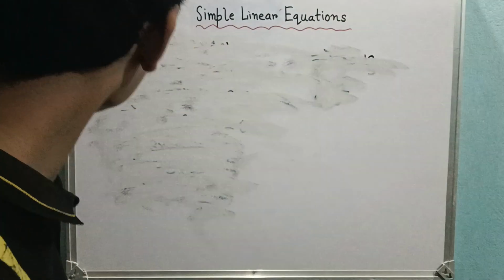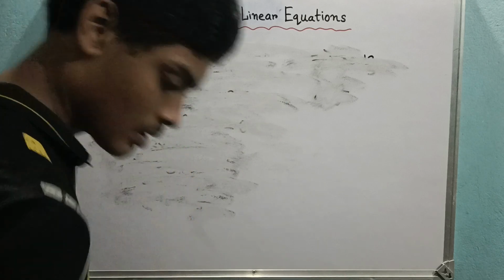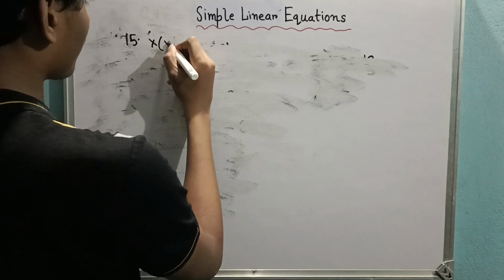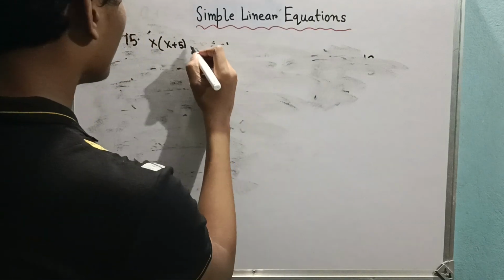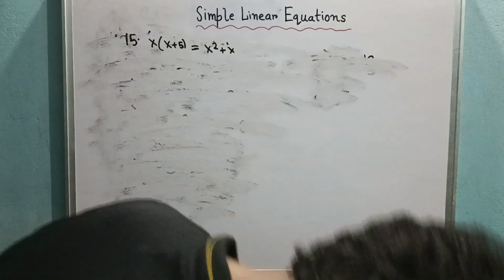Okay guys, so here also you have a good sum. This is also a large one, a big sum actually. So here we have x into x plus 5 is equal to x square plus x plus 32.